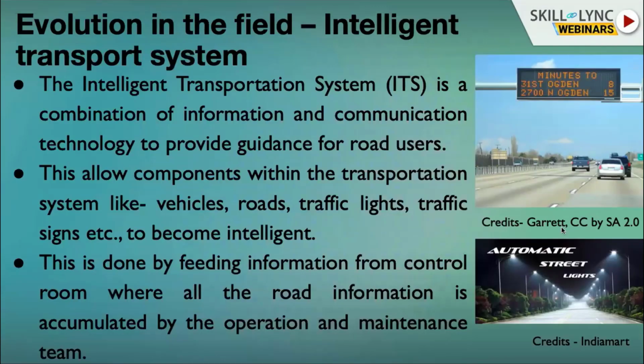Now let us see what the evolutions in this field are. The major evolution in this field is the use of intelligent transport systems. This is the new evolution in the field and is becoming popular at a very rapid pace. With the rapid industrialization and increase in traffic in all the urban areas, including some of the busy highways as well, they've all been saturated with capacity.